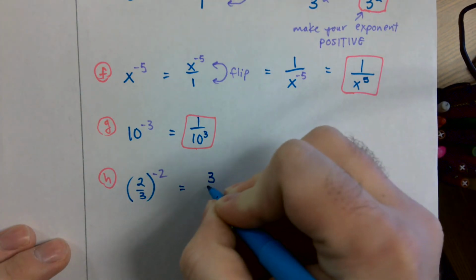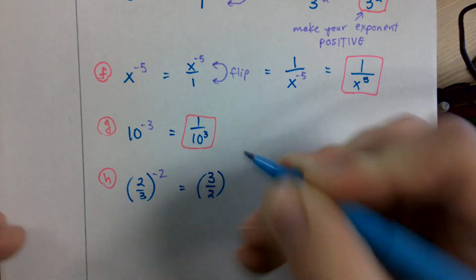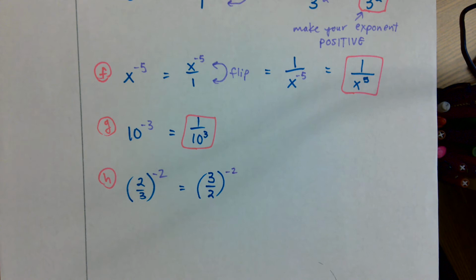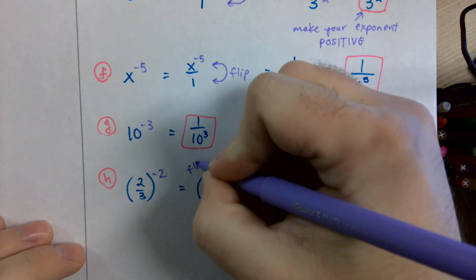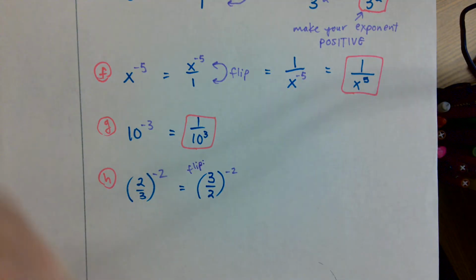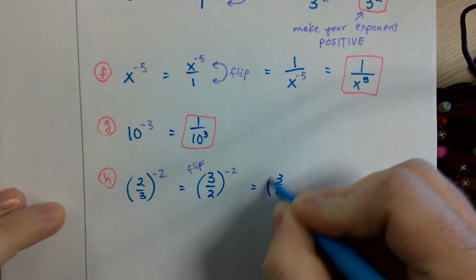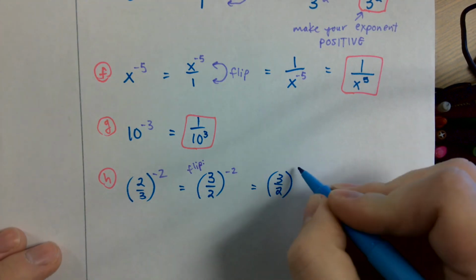Now we have 3 over 2 raised to the power of negative 2. Okay, we did the flip here. Then we can make our exponent positive. Positive 2.